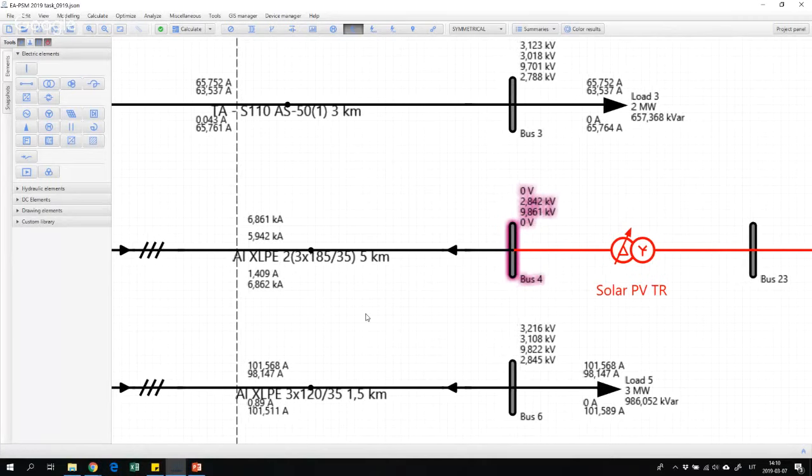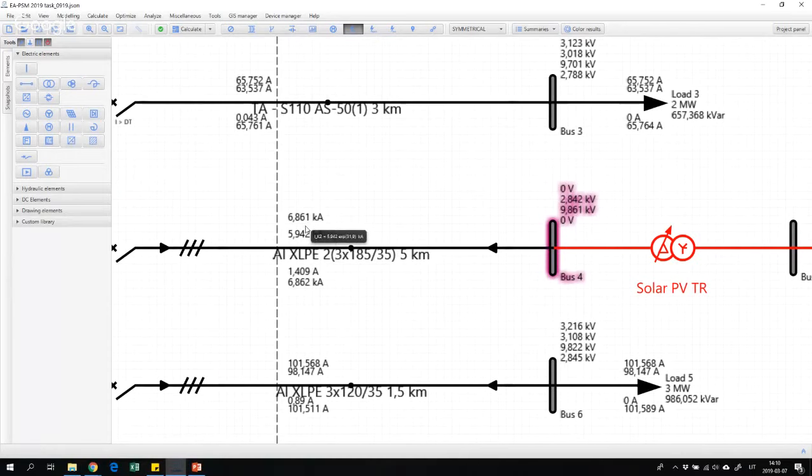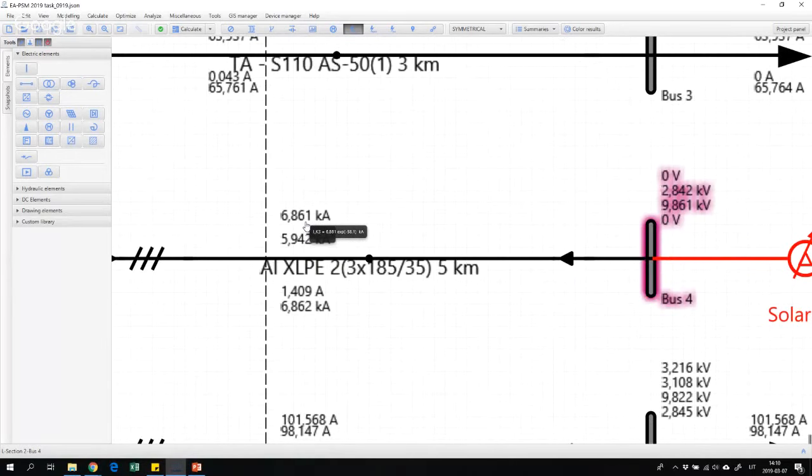The software will display all the current values which are present in the network in a short circuit at that particular bus. You can see that three-phase short circuit current is close to 7,000 amps. It's quite huge. Two-phase short circuit current is a little bit smaller, about 6,000 amps. And finally, the smallest one is the one-phase short circuit current.